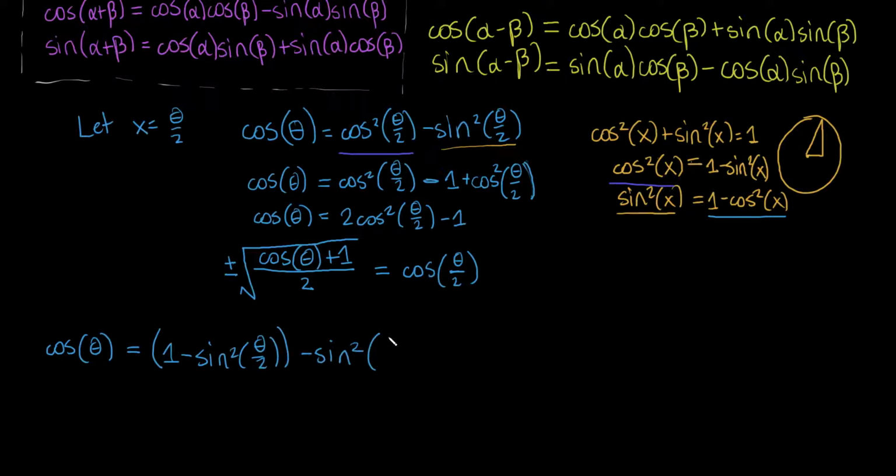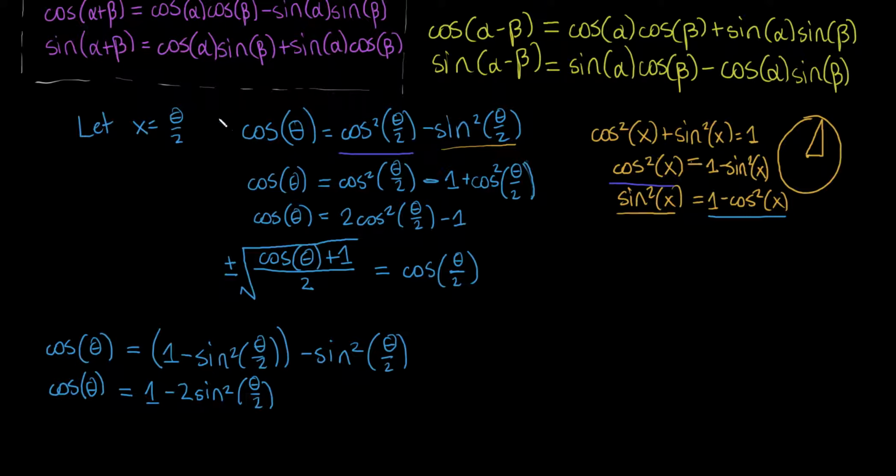Again, we're not replacing the sine squared, we're replacing the cosine squared this time. This time we have no distribution of negatives to do. We just go straight to the next step and combine terms. We have 1 minus 2 sine squared of theta over 2.